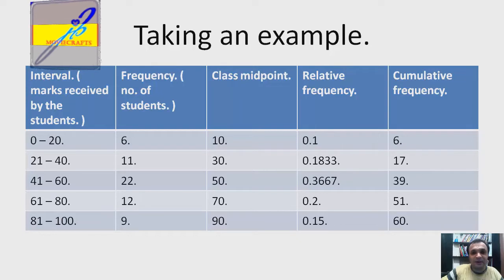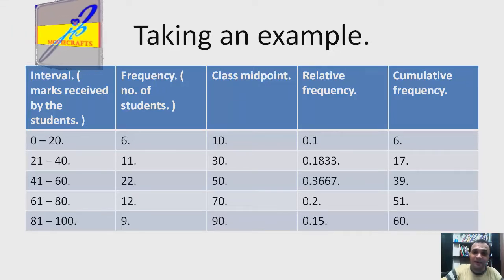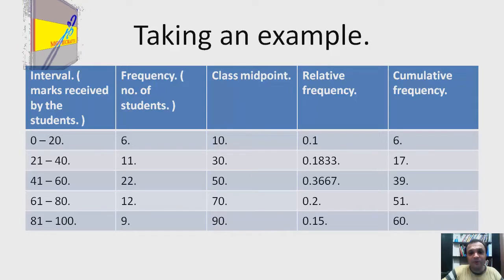Let us assume that there is a class of 60 students who get marks out of 100. So 100 marks is divided into 5 classes of 20 each. As we have shown in column 1 of the table, you can see 0 to 20, 21 to 40, 41 to 60, 61 to 80 and 81 to 100 are the 5 classes.